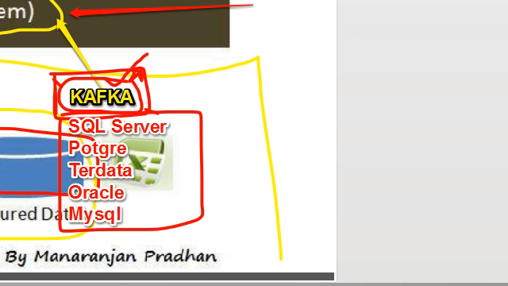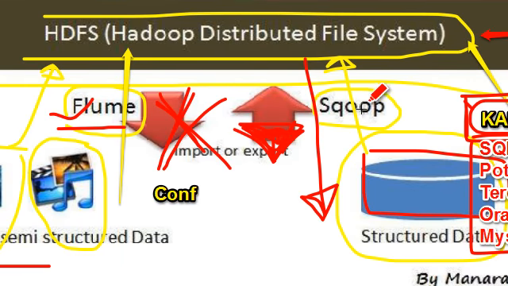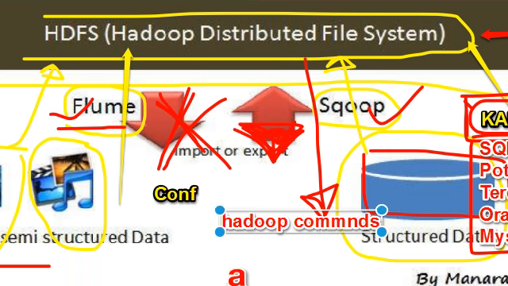The second part, so once you have data to move, there are multiple ways. We talked about Flume, we talked about SQOOP, and there is a way through Hadoop commands. Basically there are commands in Hadoop, and you can move all the data through your Hadoop command.